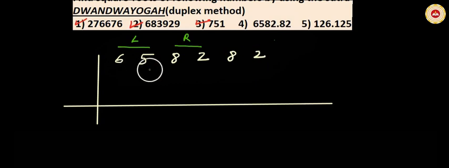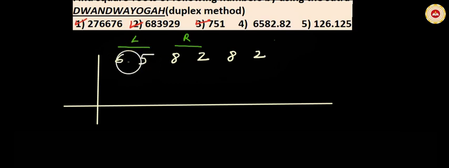Let us start. Consider the first group, that is the left group. Friends, we are going to find such a number whose square is nearest to 65 but less than 65. Which is that number?